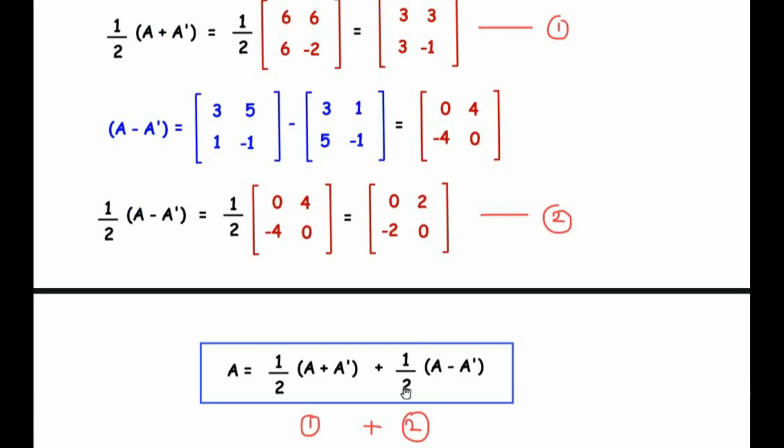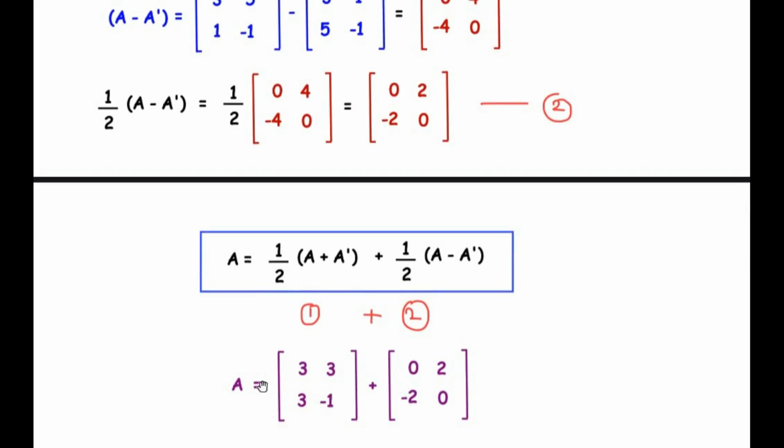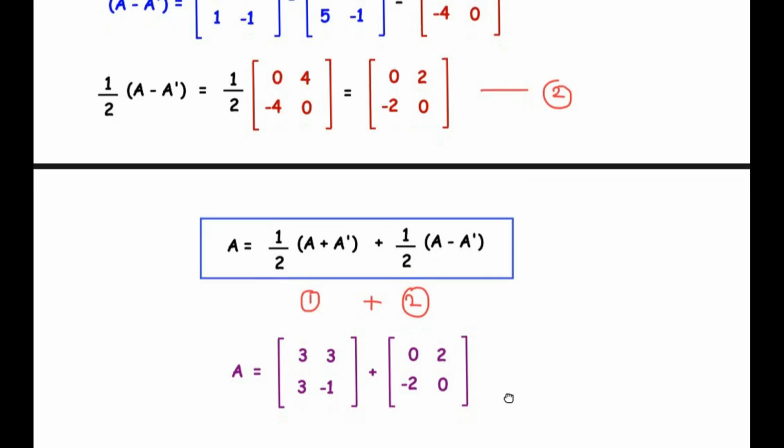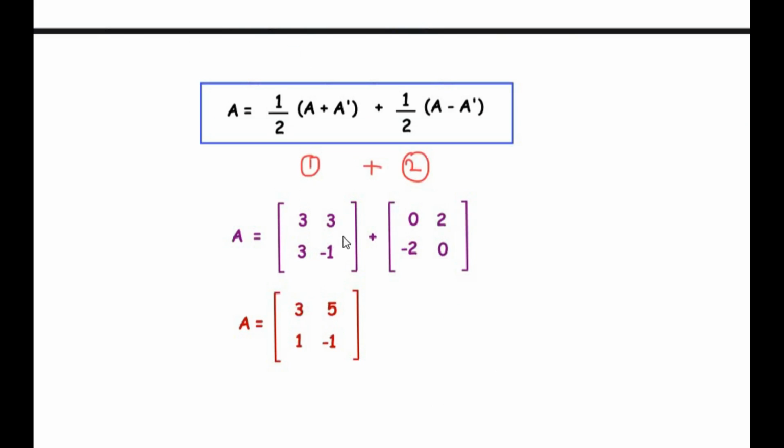So here we have reconsidered the formula. It is going to be the first matrix plus the second matrix. Let us see if we add these two matrices, we get back the original matrix A. So here we had 3, 3, 3 and minus 1 plus 0, 2, minus 2 and 0. When we add this, we get 3 plus 0 is 3, 3 plus 2 is 5, 3 minus 2 is 1, minus 1 plus 0 is minus 1.